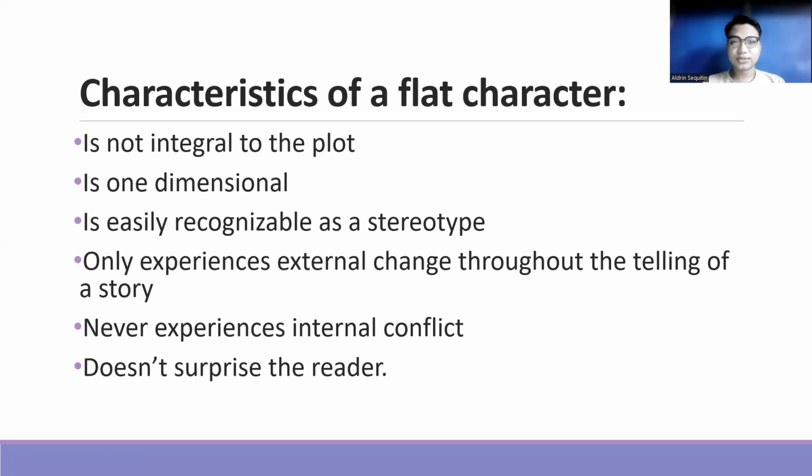Those types of characters were proposed by E.M. Forster. Okay, so according to E.M. Forster, we can categorize characters into two according to their development. One is the flat character and the other one is the round character.